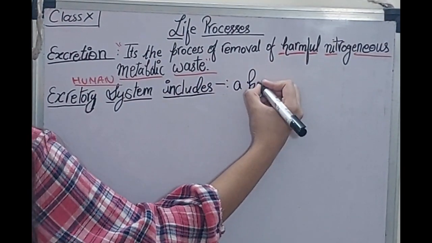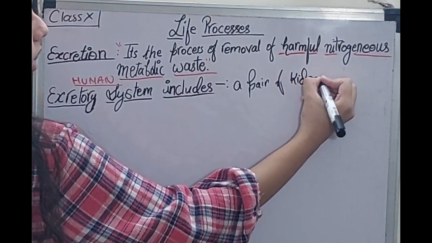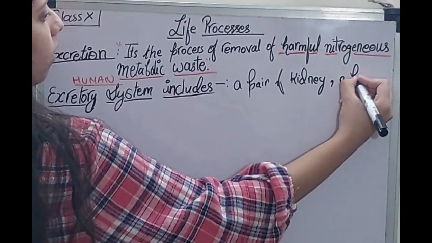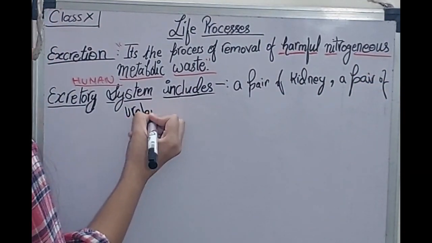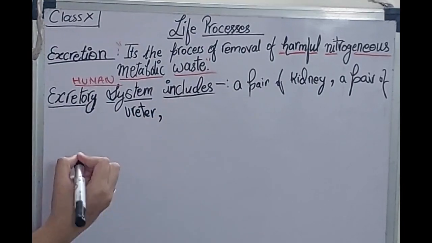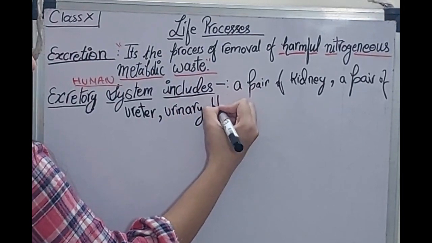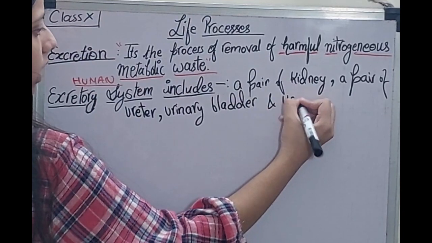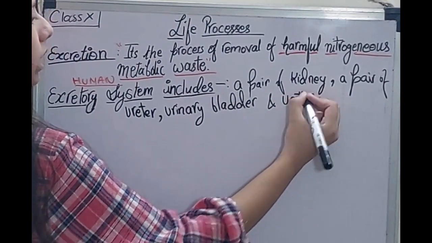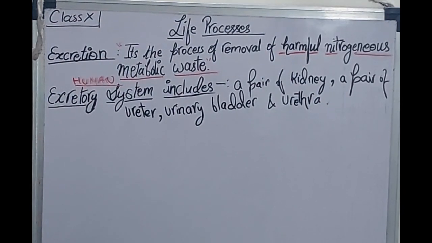A pair of kidneys, a pair of ureters, then we have the urinary bladder and urethra. I hope you already know these terms, because we have learned them in previous classes also. So this is just a recapitulation of what we have learned.